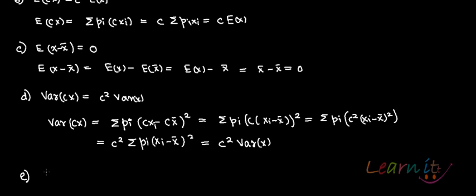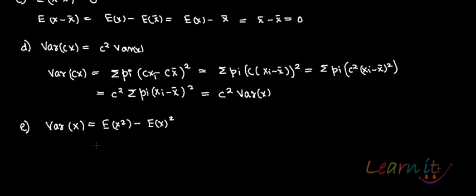Now, how do you define variance of x? This is summation of pi into xi minus x bar square, or you have to write it in this way: E of x square minus E of x whole square. Okay, so how do you go about it?